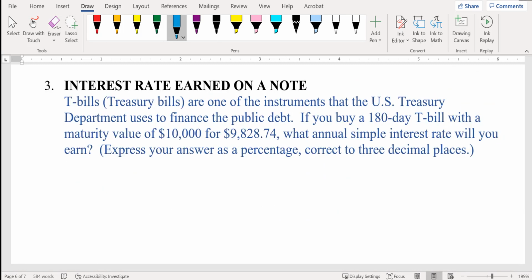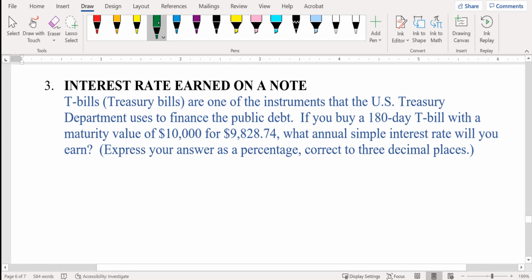Number 3, interest rate earned on a note. Okay, Treasury bills are one of the investments that the U.S. Treasury Department uses to finance the public debt. If you buy a 180-day T-bill with a maturity value of $10,000 and you buy that for $9,828.74, what annual simple interest rate will you earn?